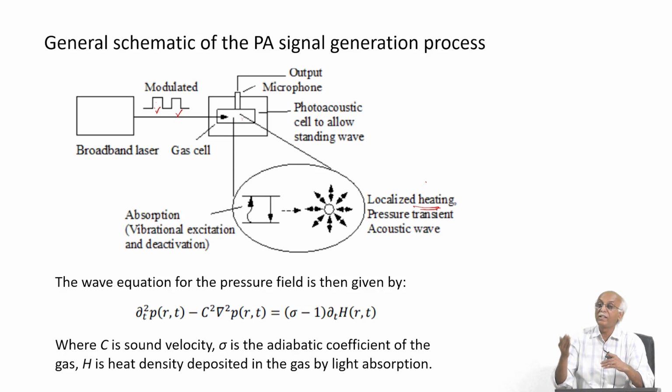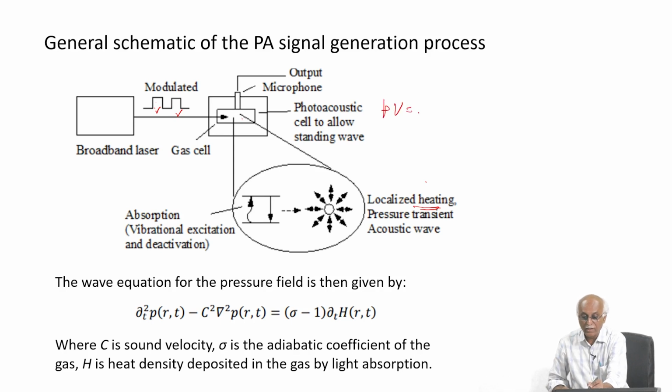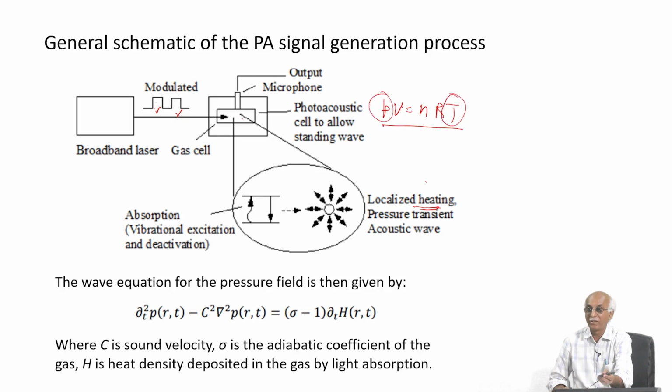Because of this heating and cooling, the temperature increases and comes back to the initial temperature. When the temperature increases, if we use PV = nRT, the normal ideal gas law equation, pressure is going to increase accordingly.